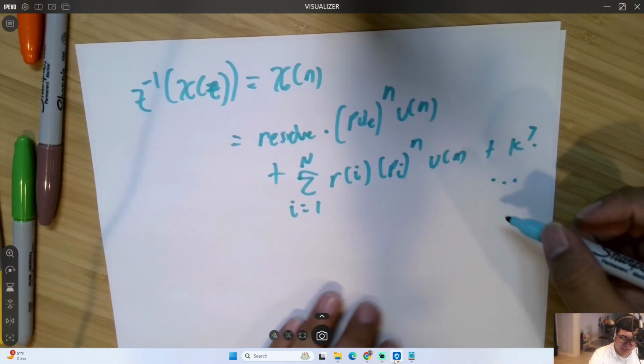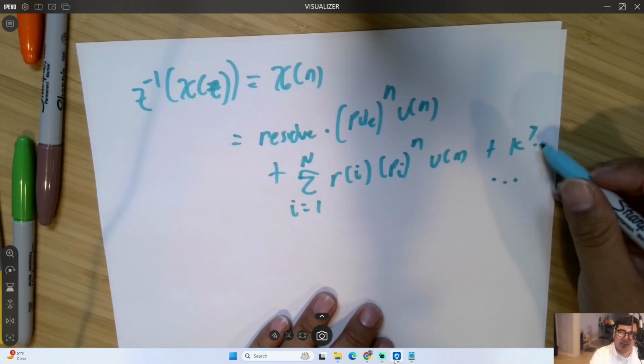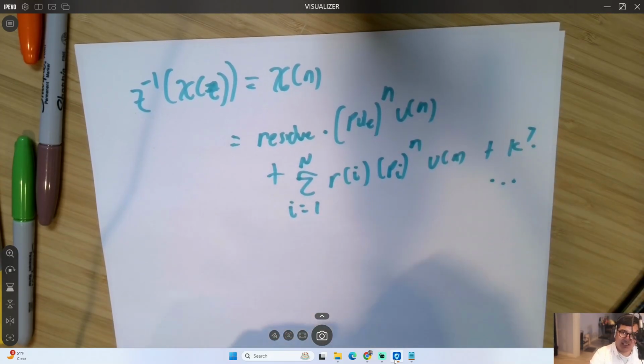They eventually become delta functions that help with the gain at the beginning, but don't stress about it.